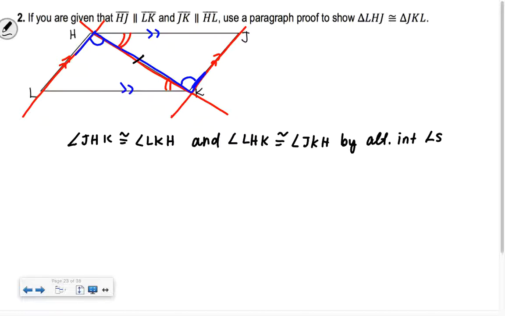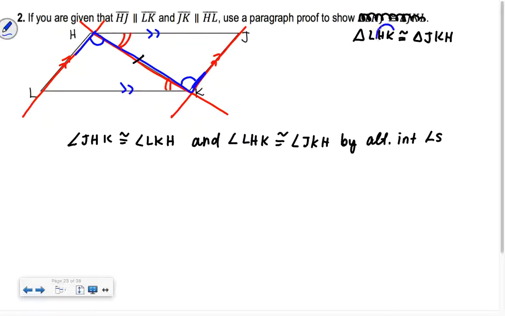I've talked to one of my friends about this because I wanted to make sure. I'm trying to prove that triangle LHK is congruent to triangle JKH.